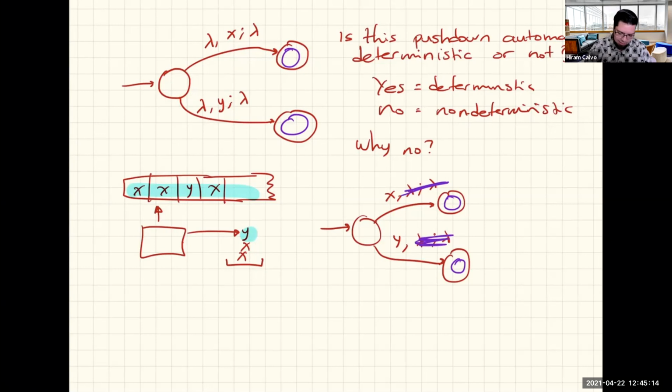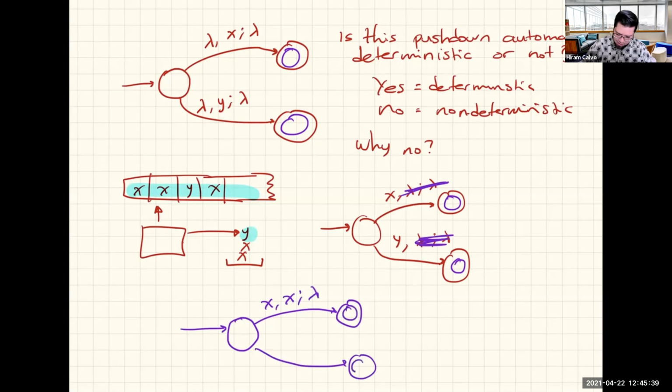So let's keep with this, let's put another example with these lambda things, which I think make you a little bit worried. So let's make more examples. What about this? X, X, and oh, the accept state, so that you can feel better.